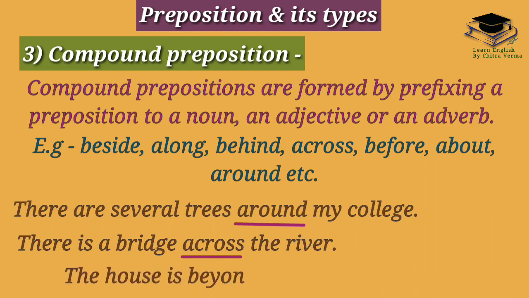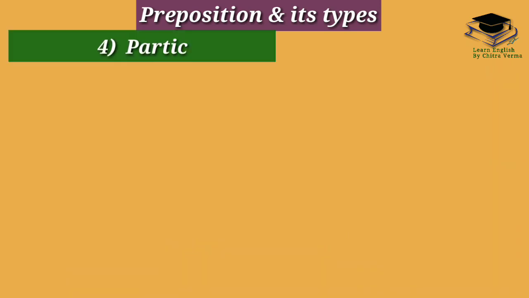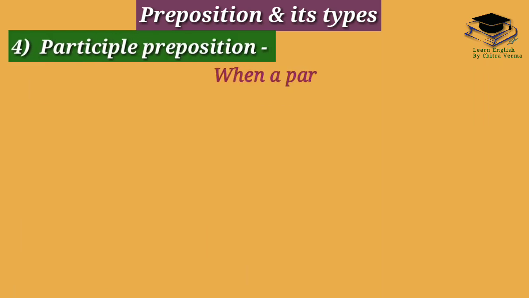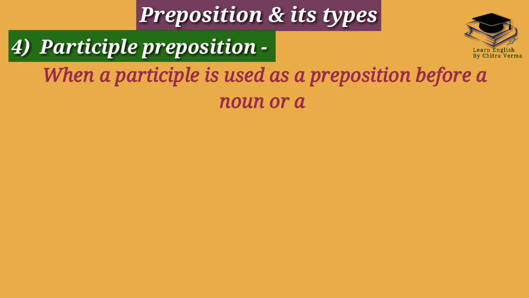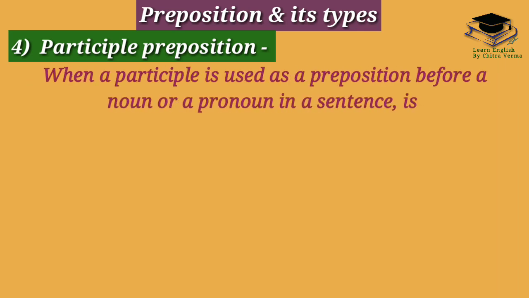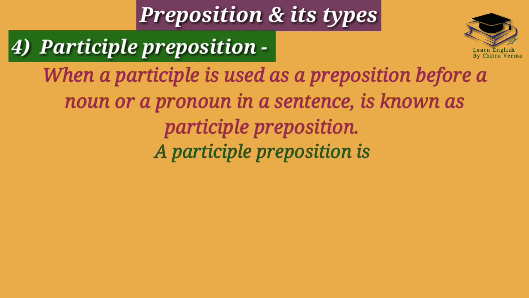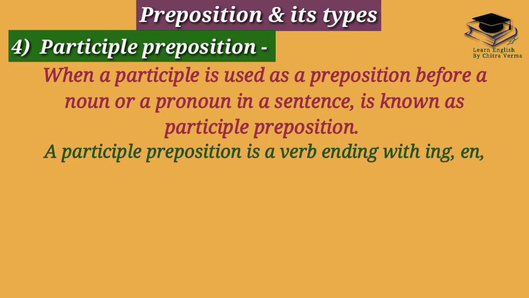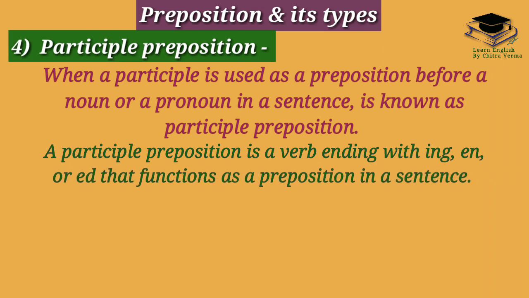The house is beyond the hill. Here, beyond is the compound preposition. The next type is participle preposition. When a participle is used as a preposition before a noun or a pronoun in a sentence, it is known as participle preposition. A participle preposition is a verb ending with ing, en or ed that functions as a preposition in a sentence.